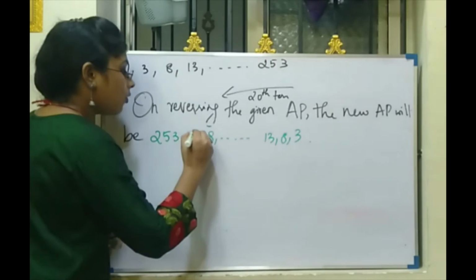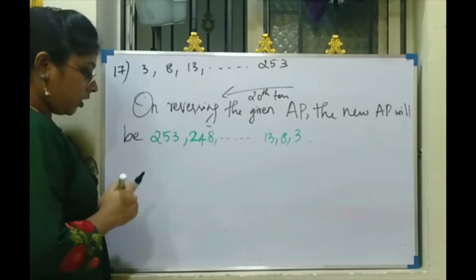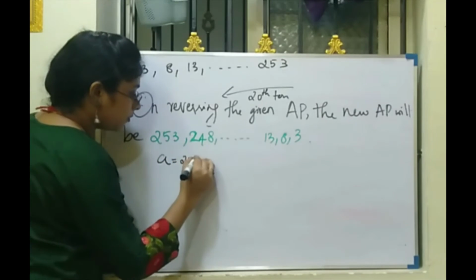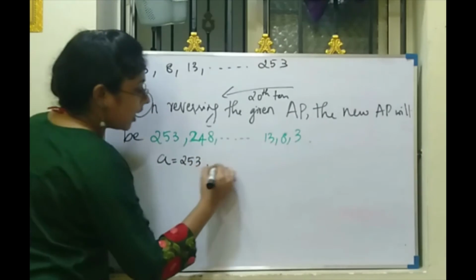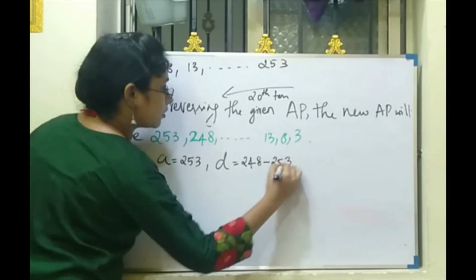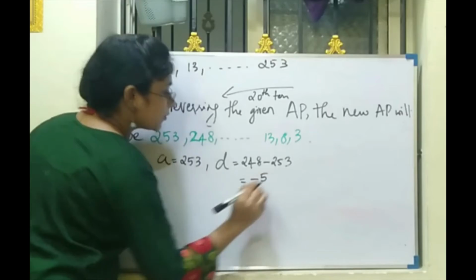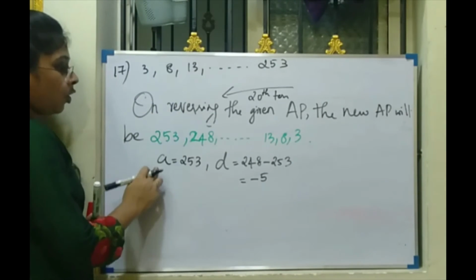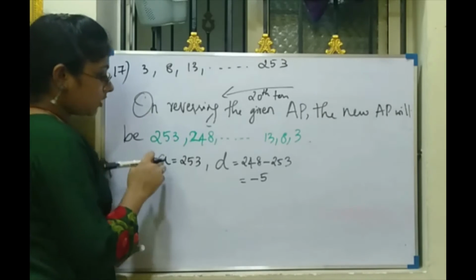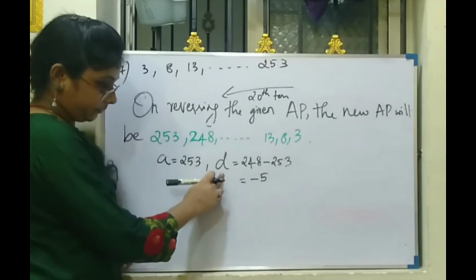Okay, this is how we need to do this particular sum. Now A is equal to 253, right? And your D will be 248 minus 253, which is equal to minus 5. So now you know the value of A and D.